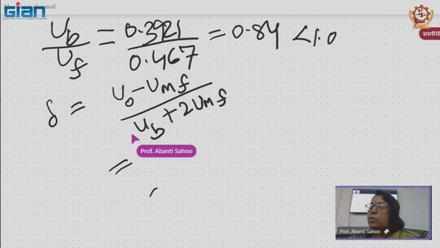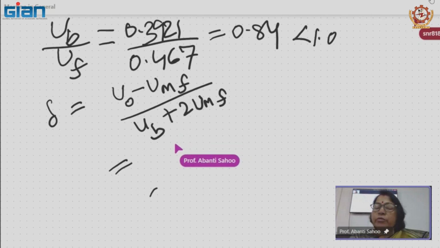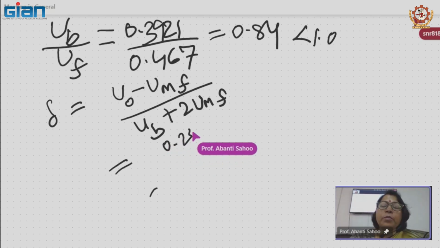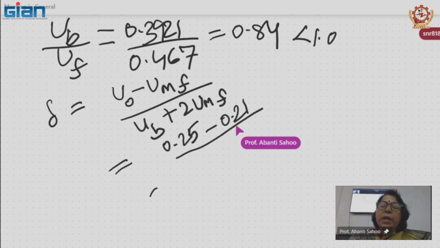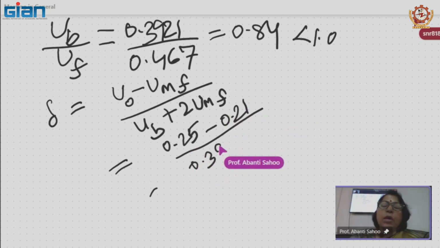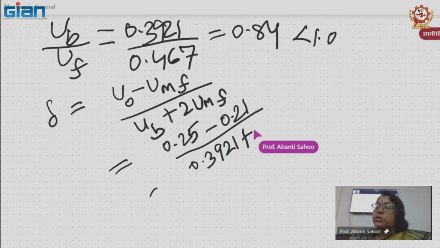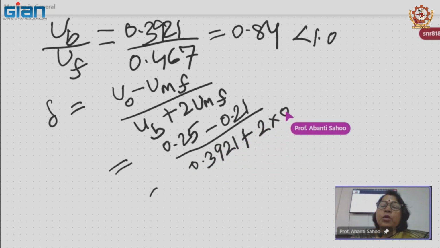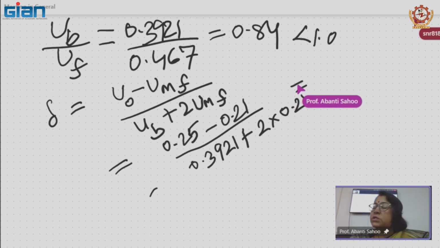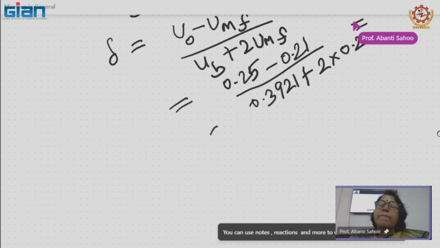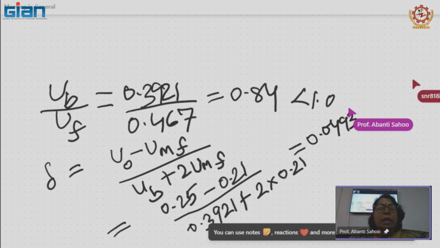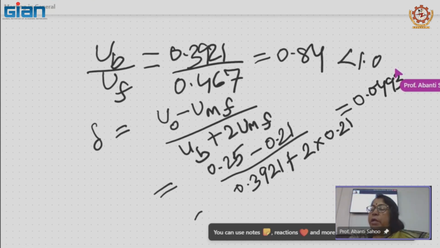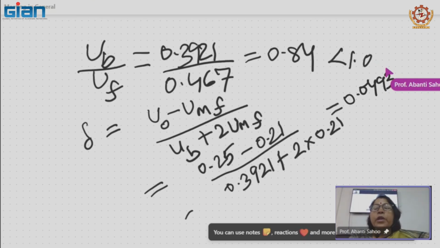Substituting, U0 we know, UMF we know, UB calculated: 0.25 minus 0.21 divided by 0.3921 plus 2 into 0.21. This is coming 0.0493. So the fraction of gas in the bubble, delta, is 0.0493.